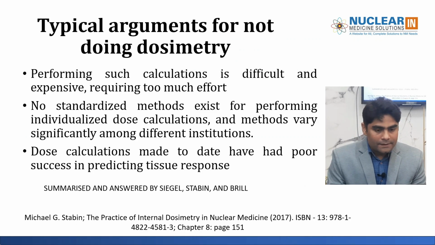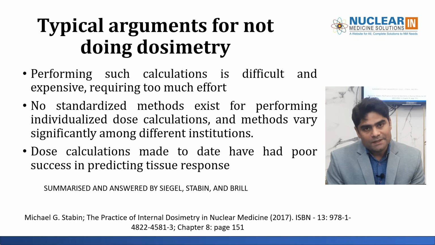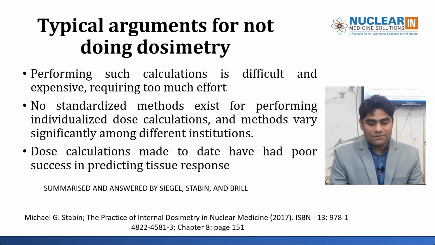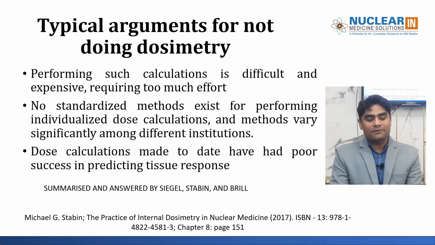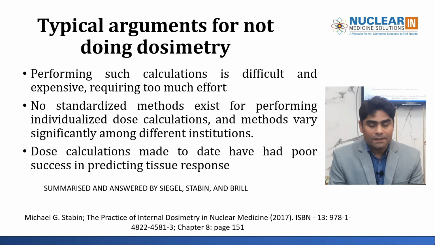And there are typical arguments for not doing dosimetry. People argue that performing such calculations is difficult and expensive and requires too much effort. They also say no standardized methods exist for performing individual dose calculations, and methods vary significantly among different institutions. They also say dose calculations made to date have had poor success in predicting tissue response.